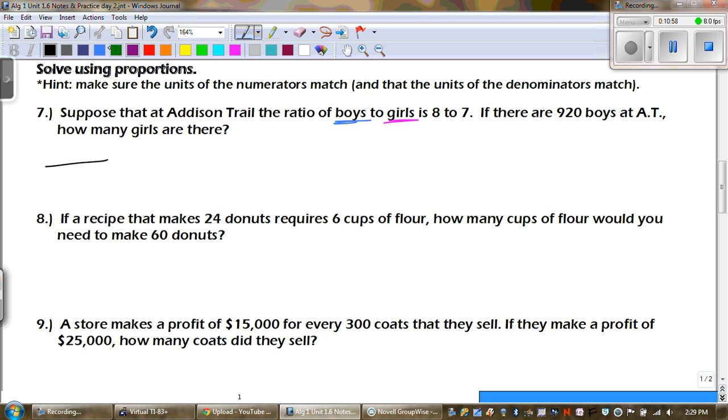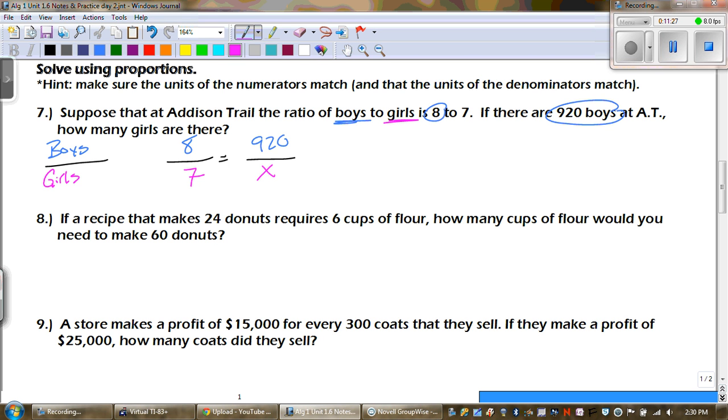I know that they mentioned the boys first, so that's my numerator, and the girls are the denominator. So the boys are 8 and the girls are 7. If there are 920 boys, they want to know how many girls there are.